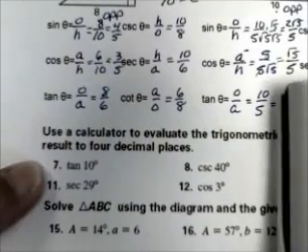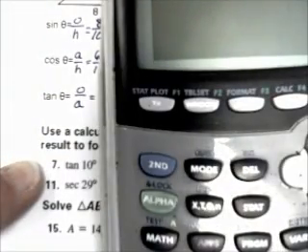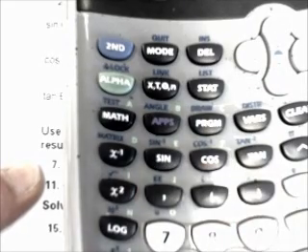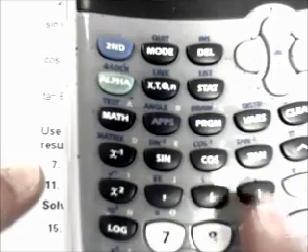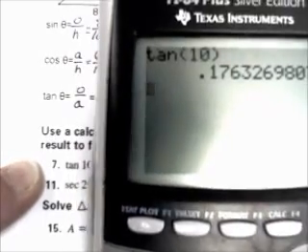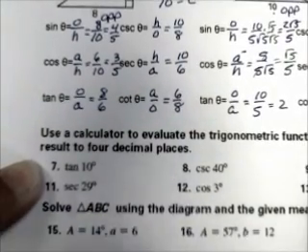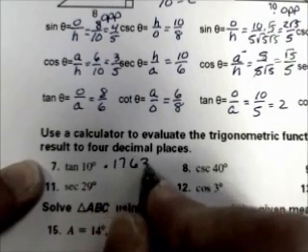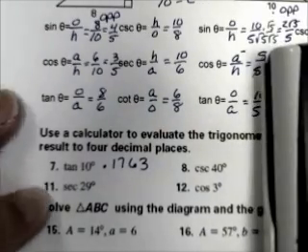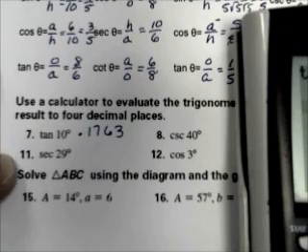So number 7, we want the tangent of 10 degrees. On the calculator, we have sine, cosine, and tangent. So we just press tangent and then 10. Rounding to 4 decimal places, this would be 0.1763. Next, number 11 says secant of 29 degrees.